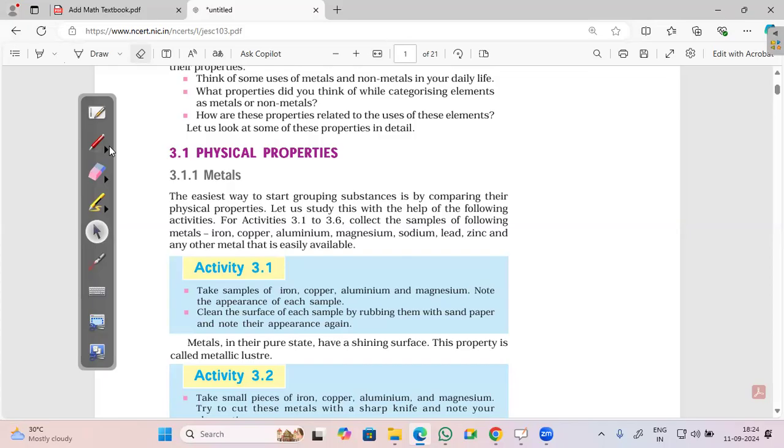Bromine. Yes, bromine is the only non-metal which occurs in the liquid state. All others occur in either solid or gaseous state. So non-metals you can find in all the three states.